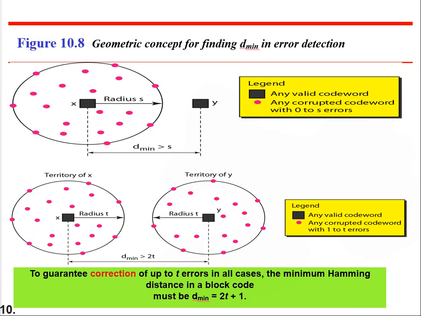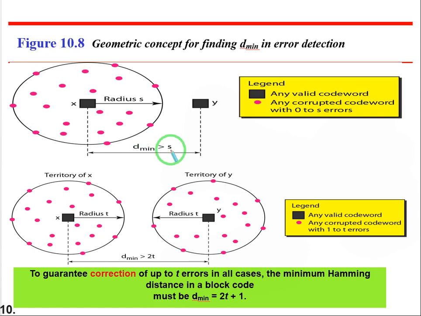So coming to the geometric view of this, let's see, we have a circle or a code where we have a number of bits, and we make a center of this and make a radius based on the number of bits. So what should be your d minimum? Keep in mind d minimum is always greater than s, because we add plus 1 with it.